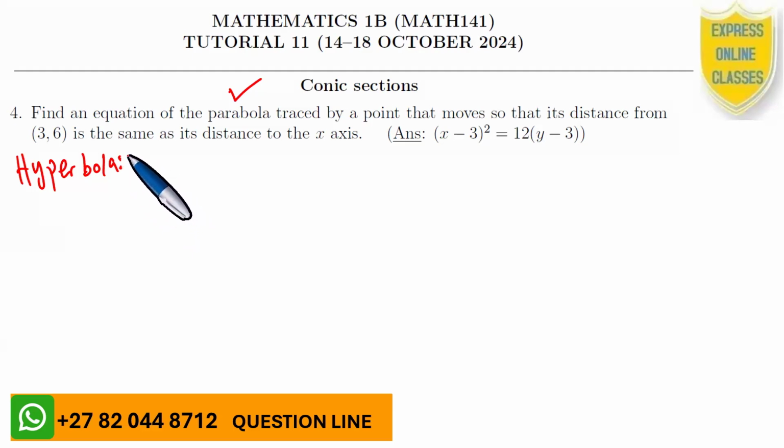But now there's this one where we say y minus k over a squared minus x minus h squared.